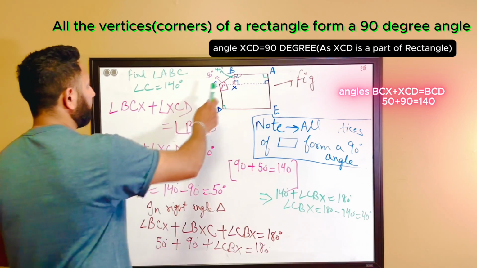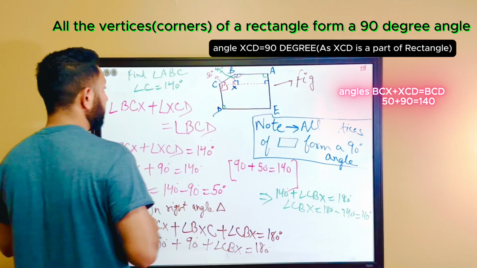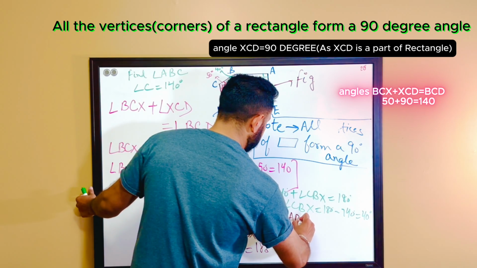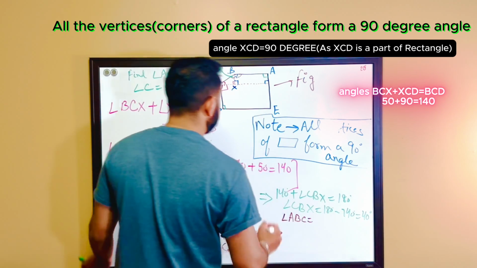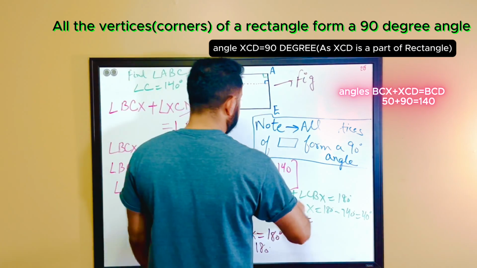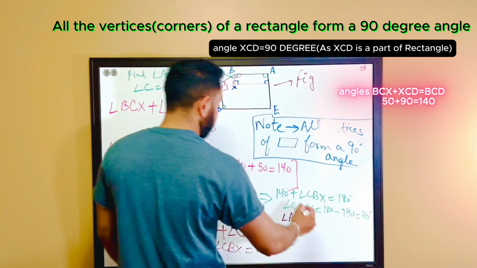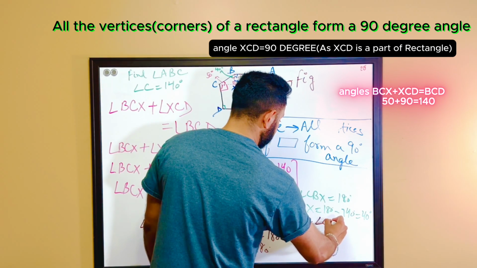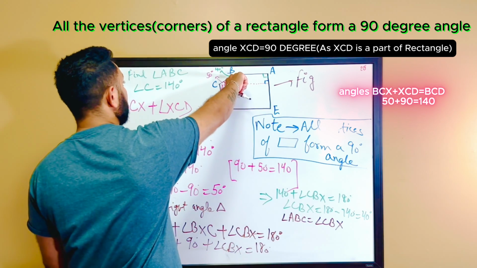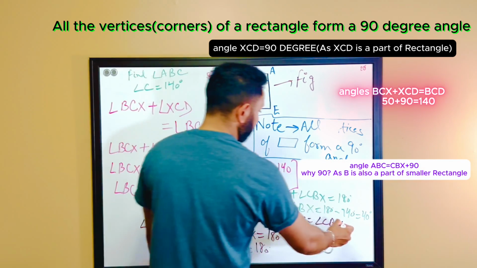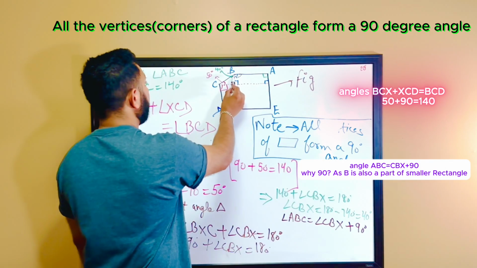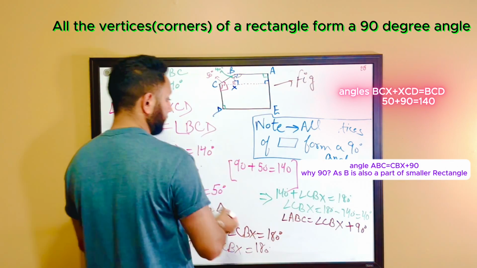But we need to find out angle ABC, which is the sum of CBX and also this is 90 degrees, like the part of B is 90 degrees.